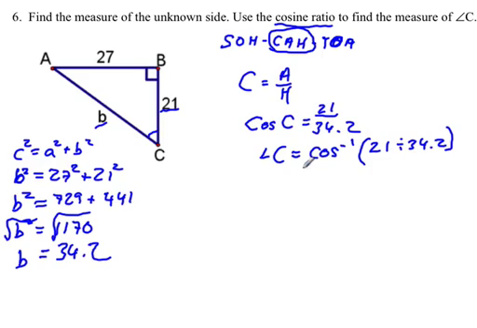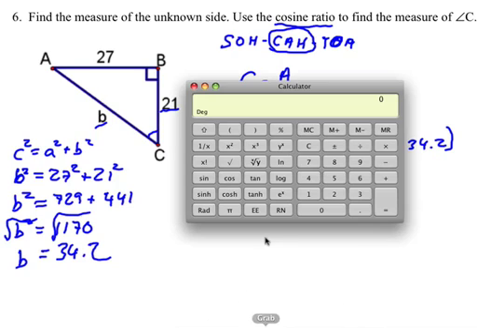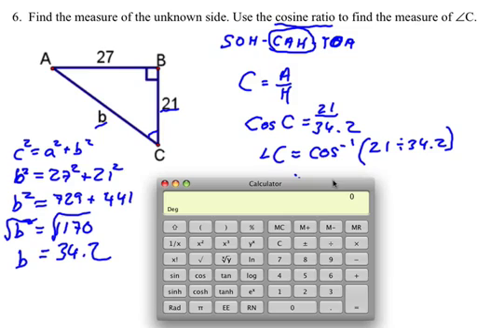And don't do any operations with your calculator until you've gotten to the very end, and let your calculator do all the rounding. So here, this is going to be 21 divided by 34.2, and that is 0.61, a whole bunch of decimal places. Don't clear it, just now put in inverse cosine, and it comes out to be approximately 52 degrees.